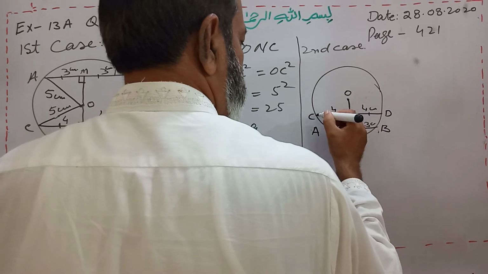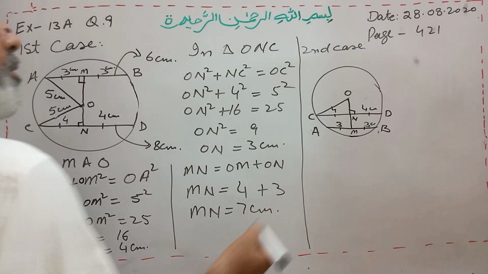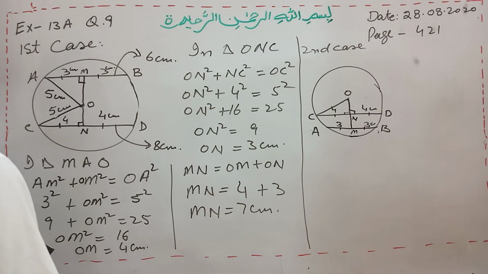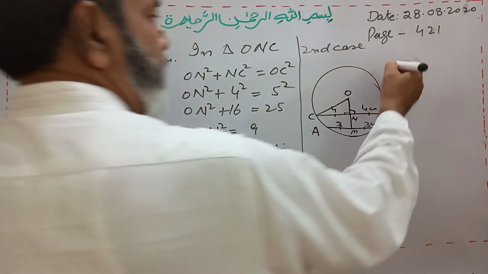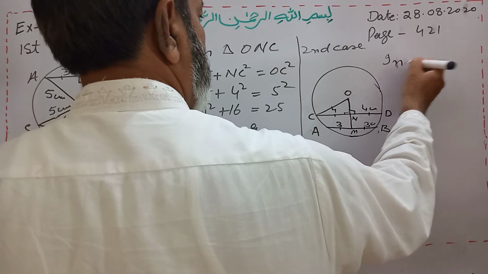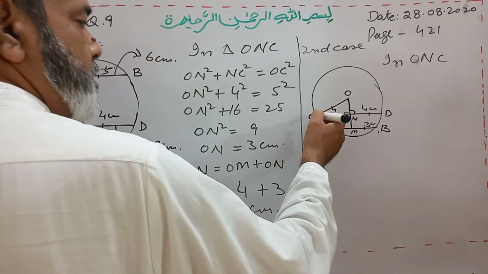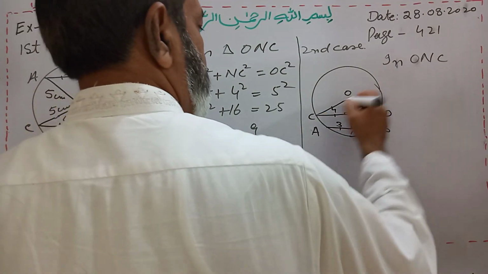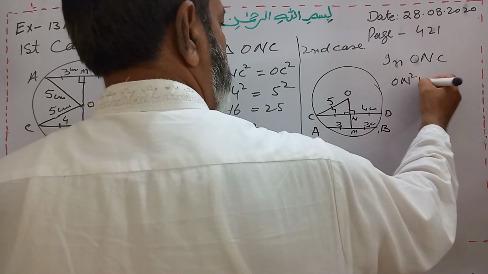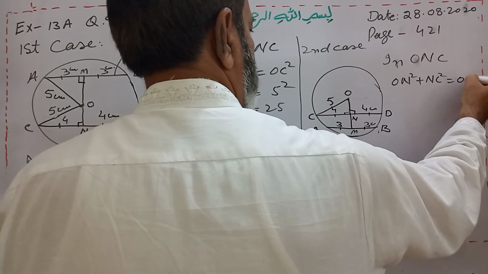Join O to C. In triangle ONC, ON square plus NC square is equal to OC square.